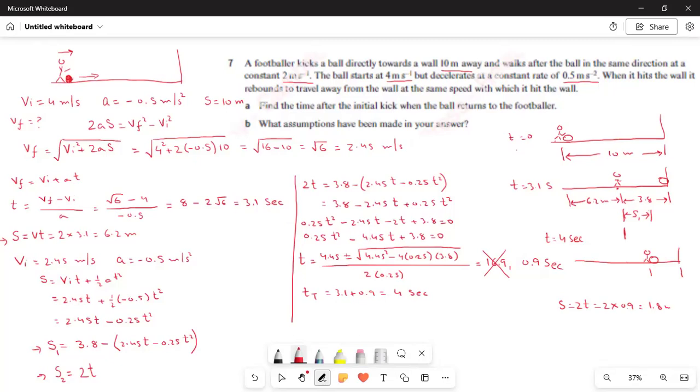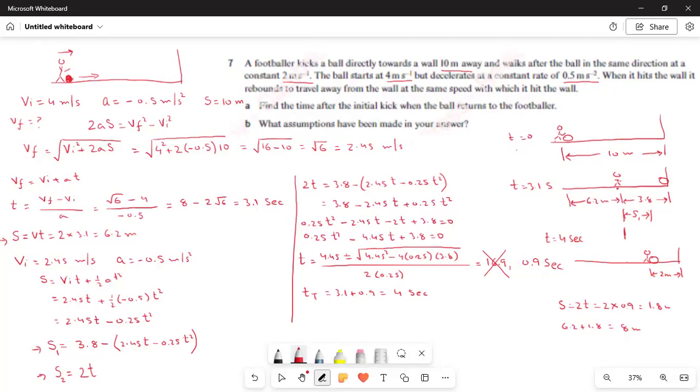Okay, so 1.8 plus 6.2, 6.2 plus 1.8, so this is 8 meters. Right? So basically, when they are 2 meters from the wall, they will meet again, and this will happen at 4 seconds.